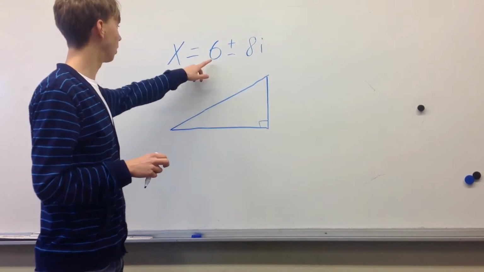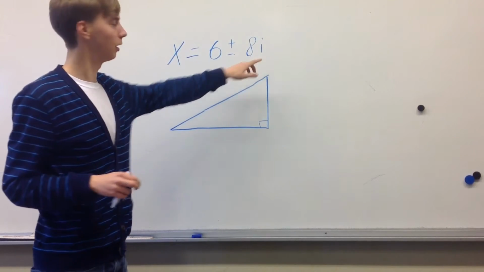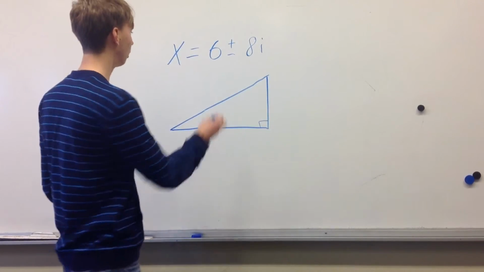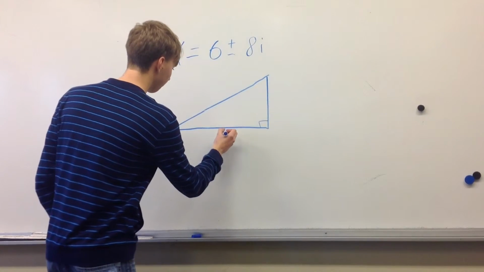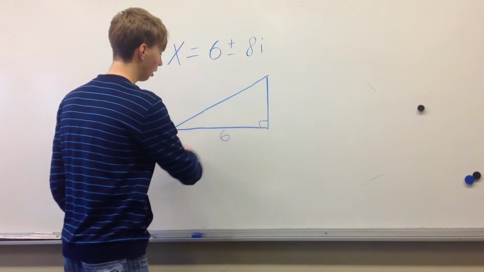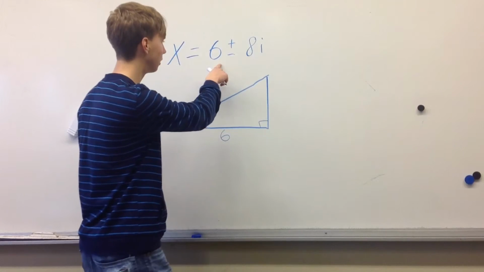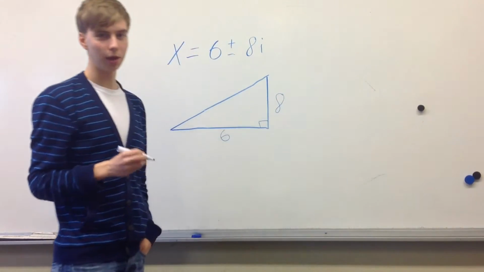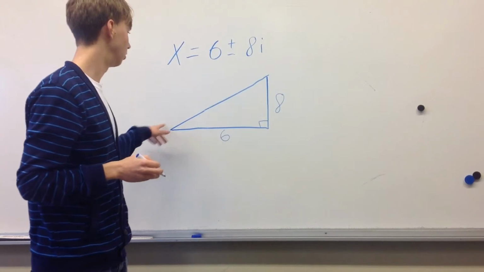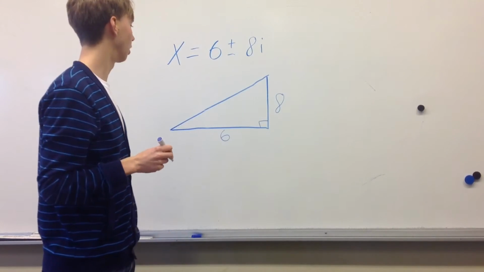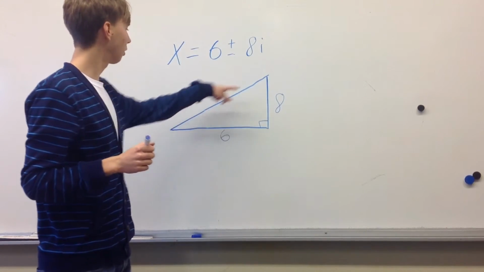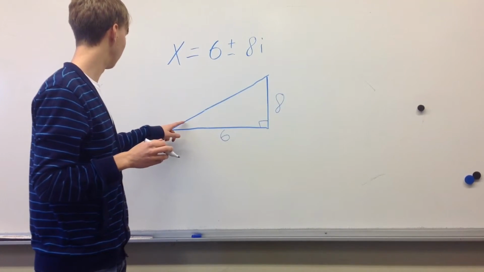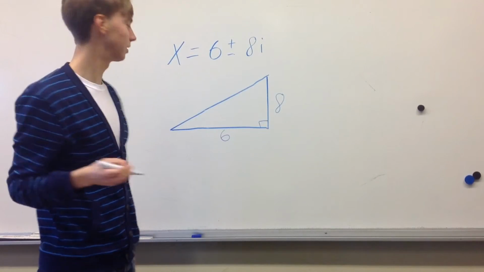In this case, we have it in rectangular form, and with this information we can create a right triangle with the length 6 along the x-axis, the real part, and the length 8 along the imaginary line. Now, using simple trigonometry, we can find the length of the hypotenuse, and we can find the angle against the x-axis.